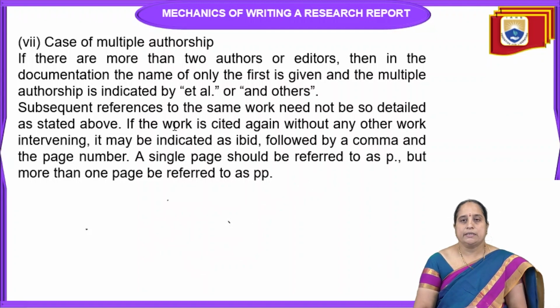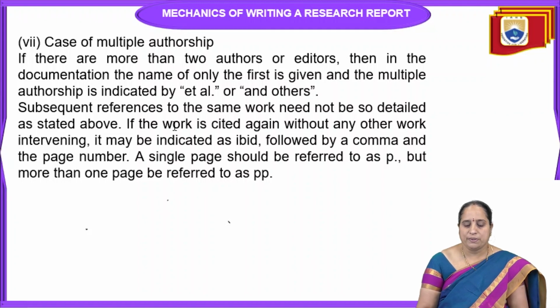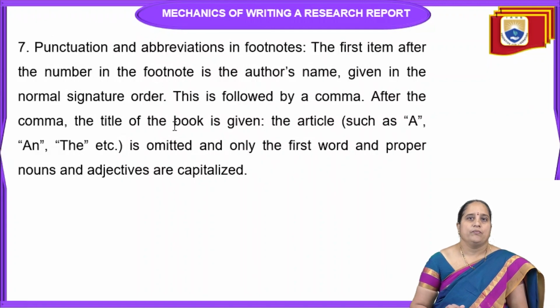So it may be indicated as ibid followed by a comma and the page number. A single page should be referred to as p., but more than one page should be referred to as pp. Then coming to punctuation and abbreviations in footnotes, the first item after the number in the footnote is the author's name given in the normal signature order.